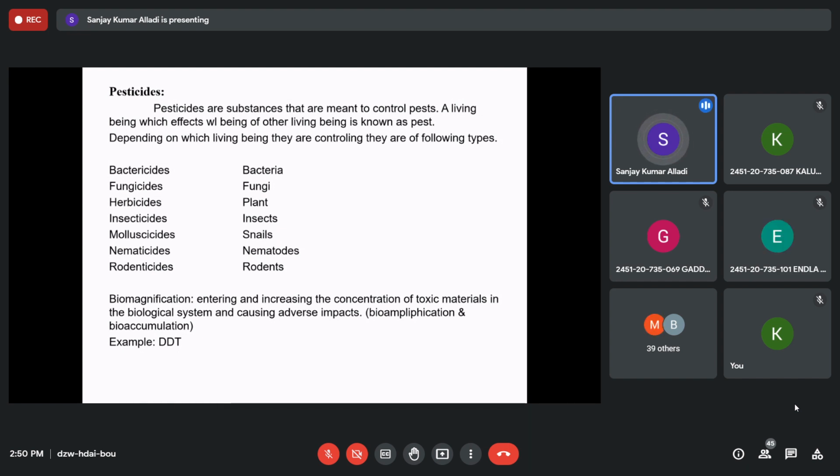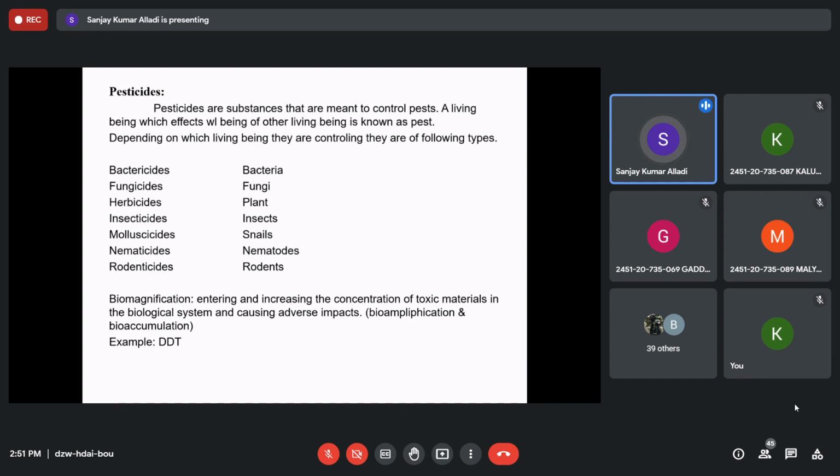And once they enter, because they are non-biodegradable, they are not getting degraded, right? Some are eliminated from the body as excreta. But if they are not totally eliminated, say a person or some animal eats contaminated food and is infected with 1 milligram of some toxic chemical, 0.5 milligram may be excreted out and 0.5 milligram may be stored in some parts of the body, right?